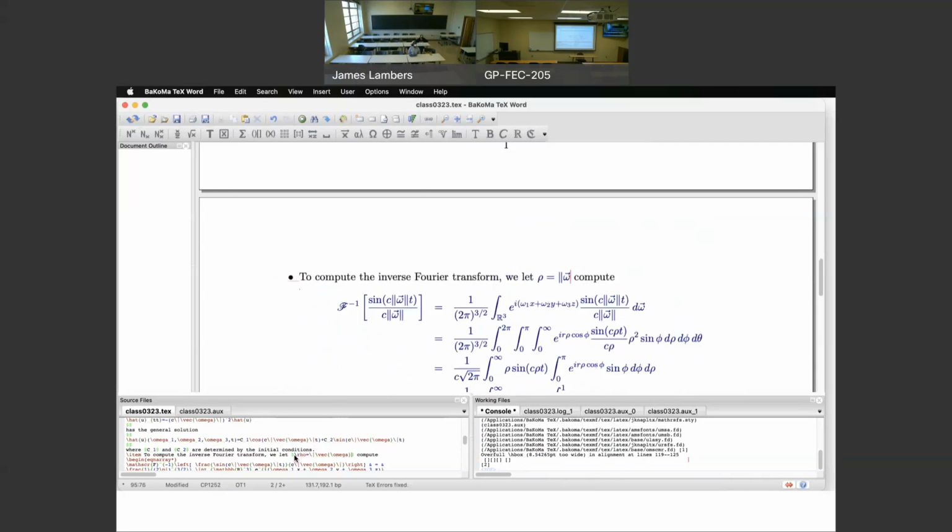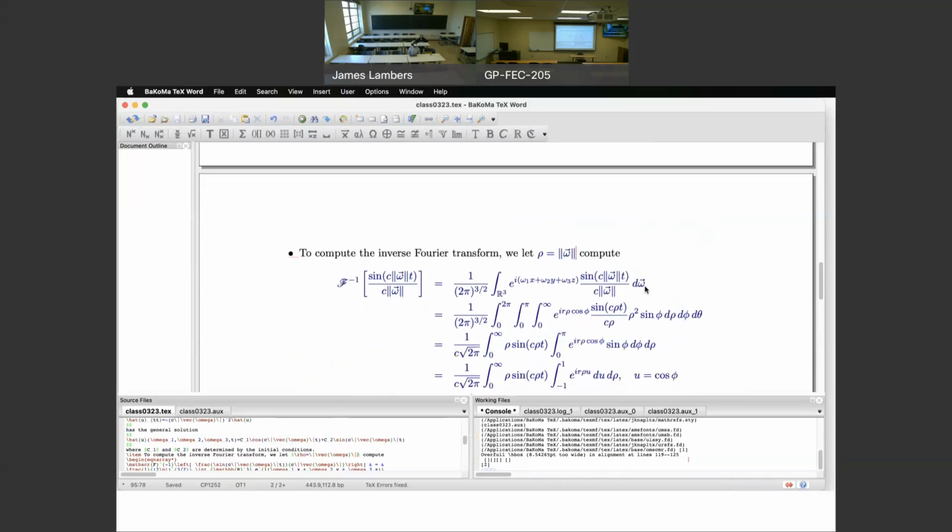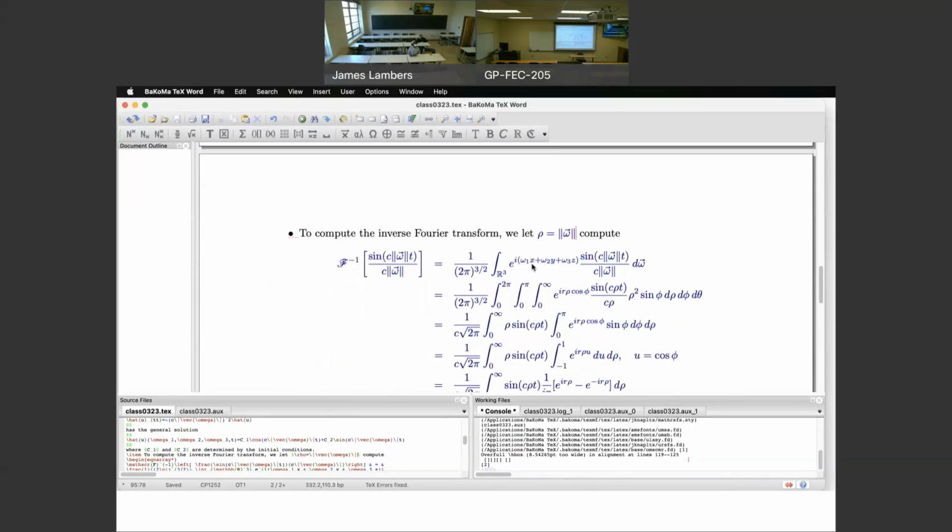That will be the magnitude of omega. So keep in mind, my integral is over all of three-dimensional space, but it's omega 1, omega 2, omega 3 space, not xyz. xyz, for purpose of this integral, is thought of as a constant point.